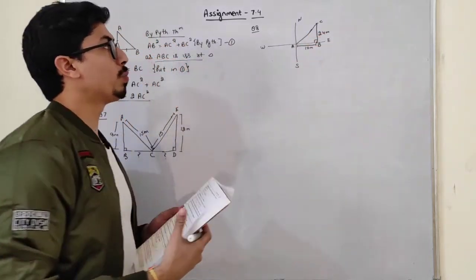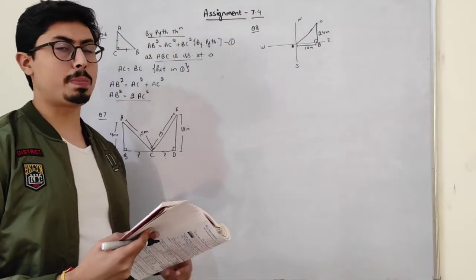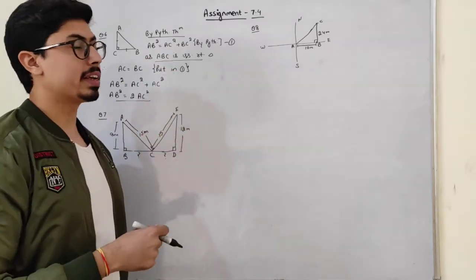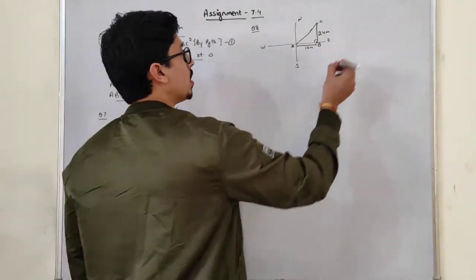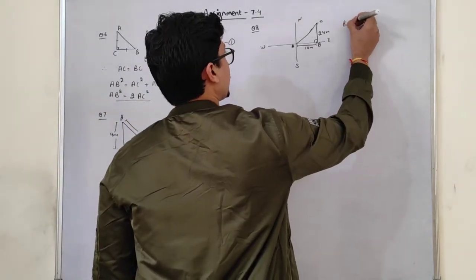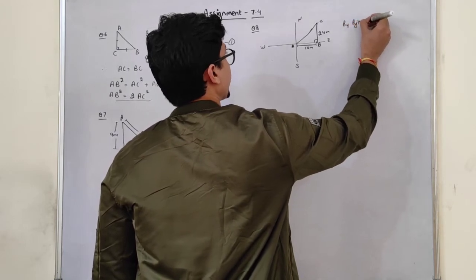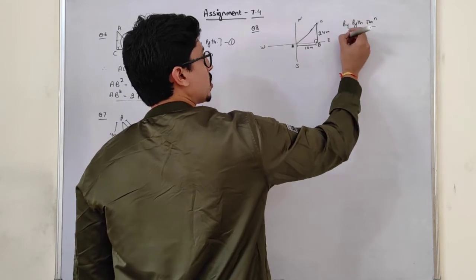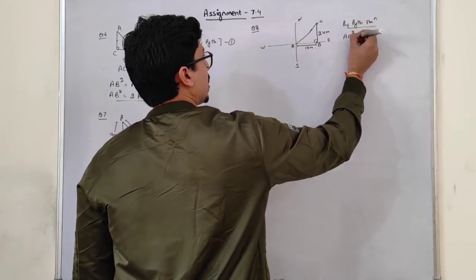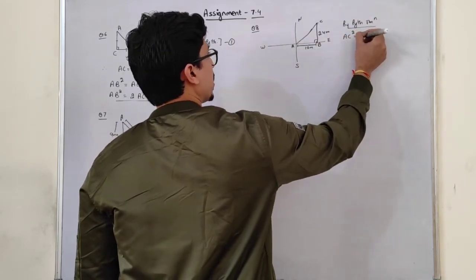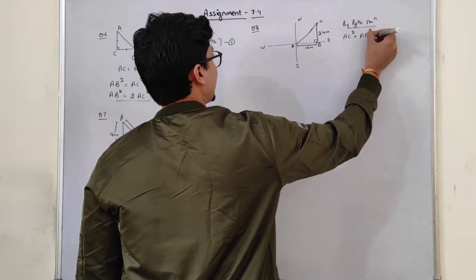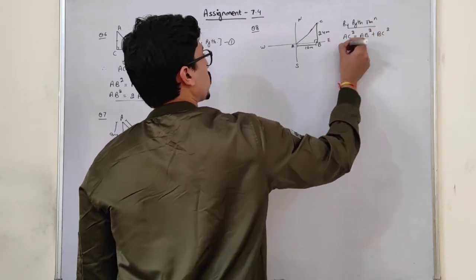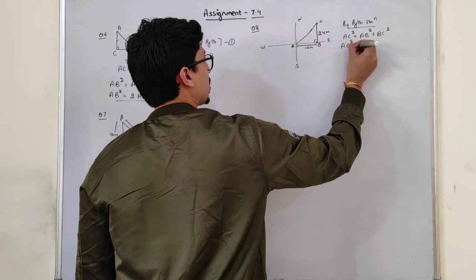Okay, so students, we can just apply the Pythagoras property in triangle ABC and find out the AC distance. So by Pythagoras theorem, we can say that AC square is equal to AB square plus BC square. So AC square we don't know, students.